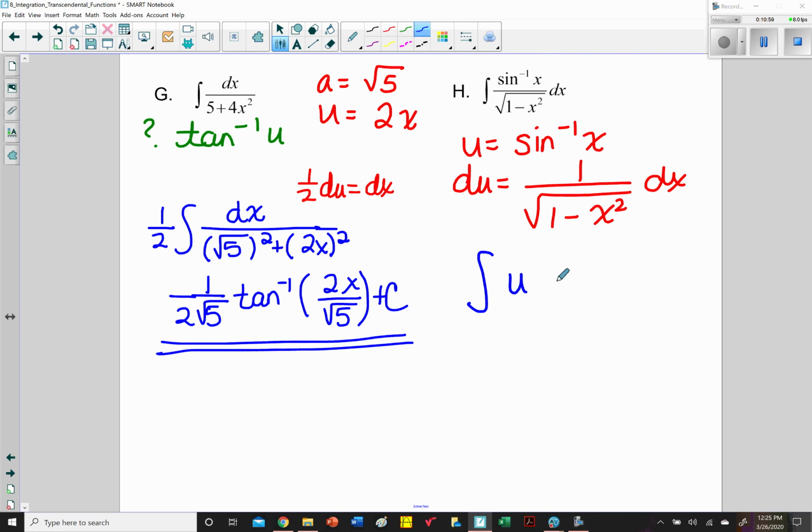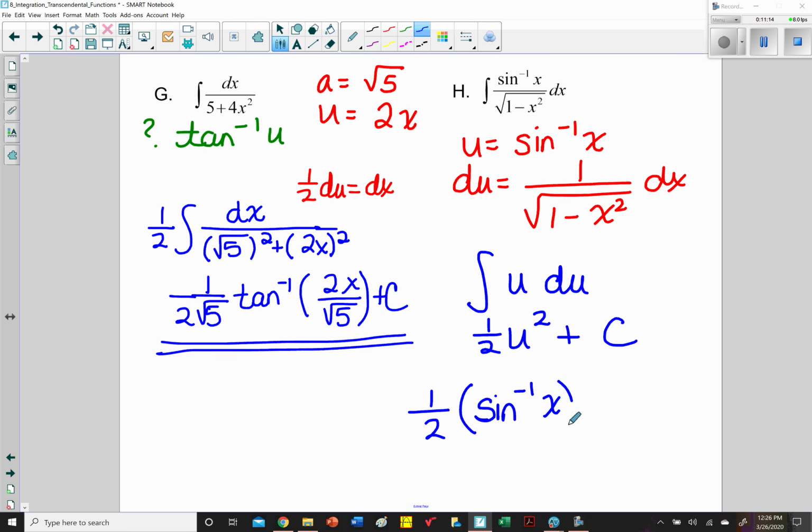That just leaves us integrating u, which gives 1/2 u squared plus a constant. And our u is sine inverse of x, so 1/2 sine inverse of x squared plus a constant.